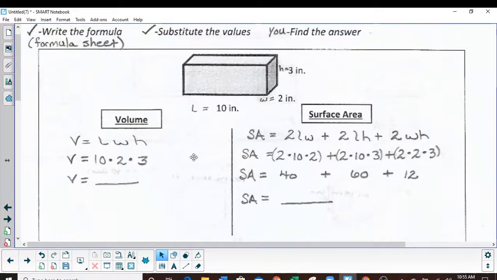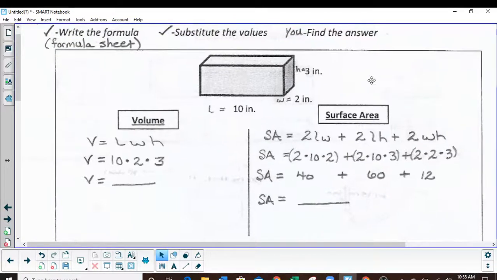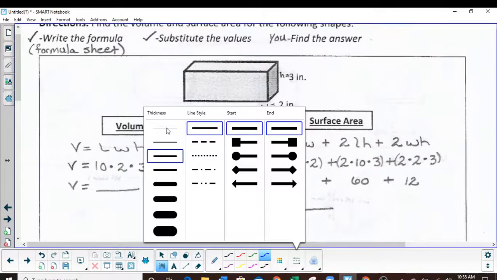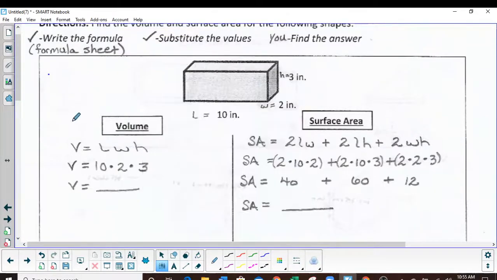Let me get my pen working here. So what we're going to do now is just go ahead and multiply those and answer the question. And if you don't have a calculator in front of you, you can just use Desmos. So when I multiply those, I end up with 60. Now the key to doing these geometric problems is the ending. 60 what?